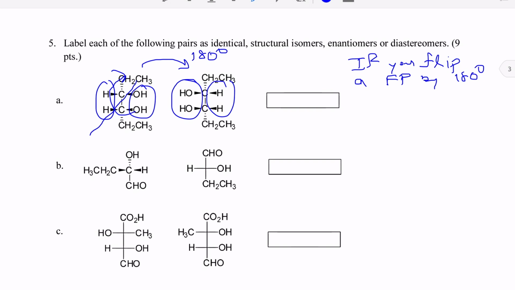It's hard for me to draw this in 3D, but that axis is not along the plane of the paper. It's perpendicular to the plane of the paper. So if you rotate around that axis 180 degrees, then you get the same compound.